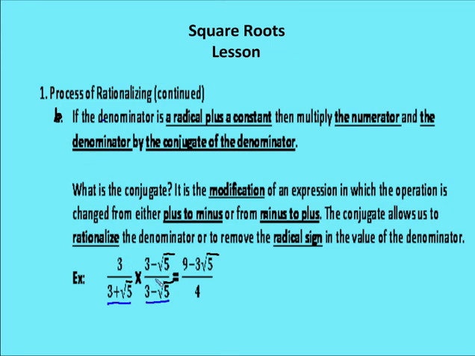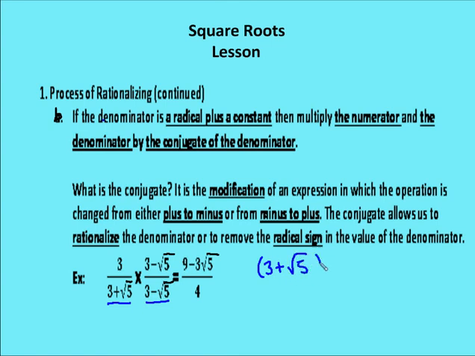So now I end up with 3 times 3 minus root 5, which is 9 minus 3 root 5, over 3 plus root 5 times 3 minus root 5, which is equal to 4. Now, how did I get 4 out of 3 plus root 5 times 3 minus root 5? So remember, again, difference of two squares.